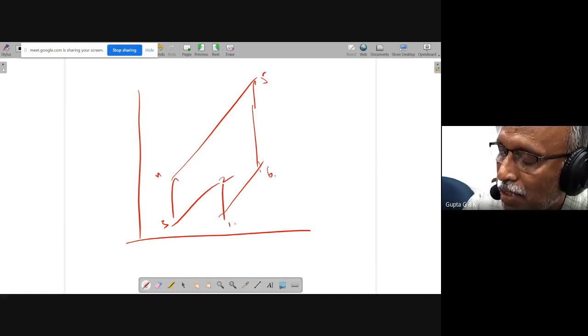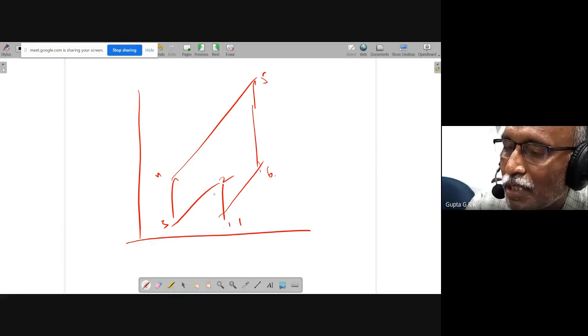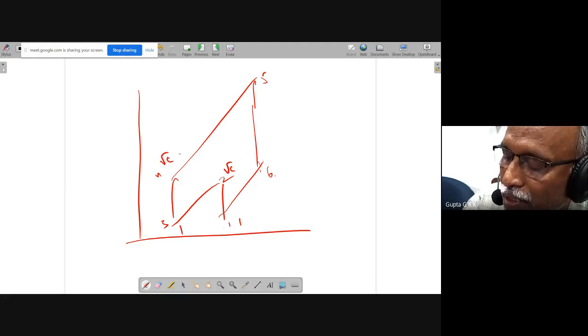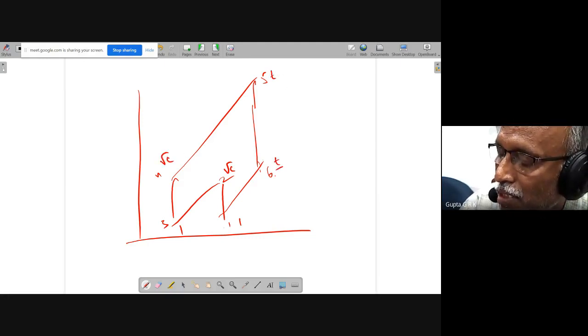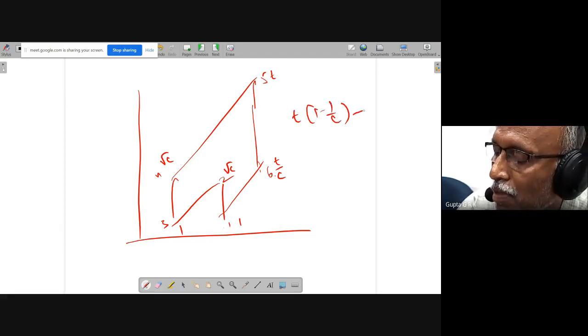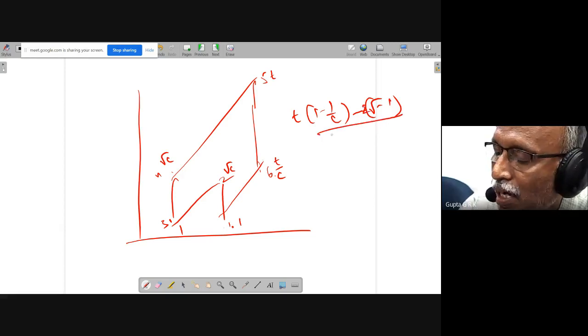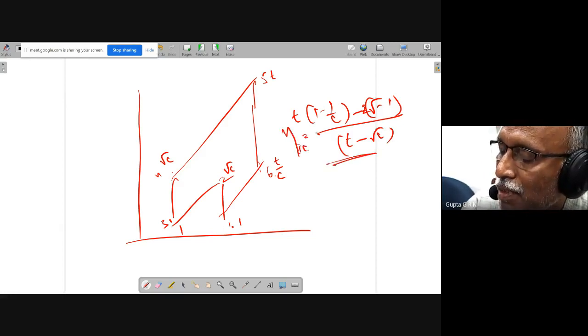So T1 by T1 is 1, and T2 by T1, you know that for intercooling, the optimum pressure ratio is root C. So this becomes root C, and if T3 equals T1, this is 1, this is root C, this is T, this is T by C. So turbine work is T into 1 minus 1 by C. Compressor work is 2 times root C minus 1. And the heat is T minus root C. So this becomes the efficiency of the intercooling cycle.